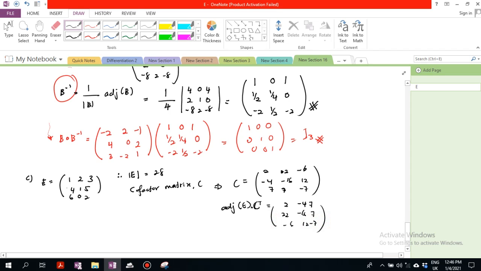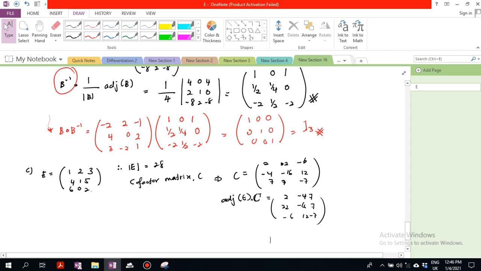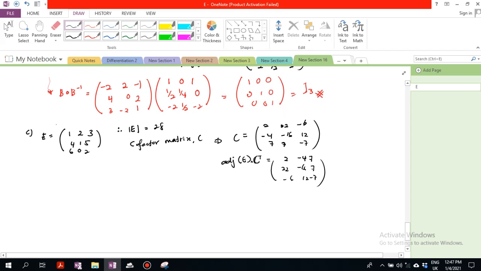Then what you need to do, you want to find the inverse of E. Okay, so E inverse is equal to 1 over the determinant of E times the adjoint of E. So you get 1 over 28.